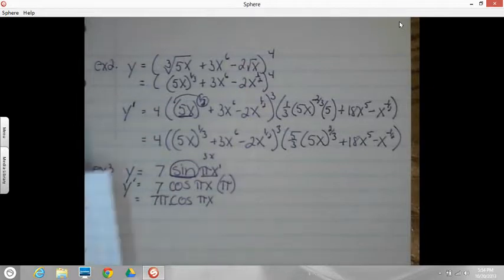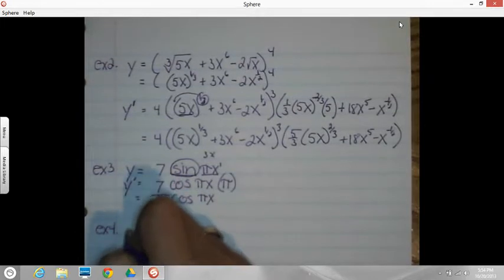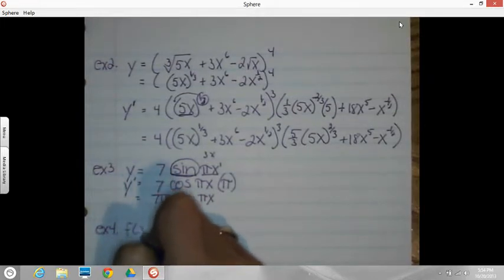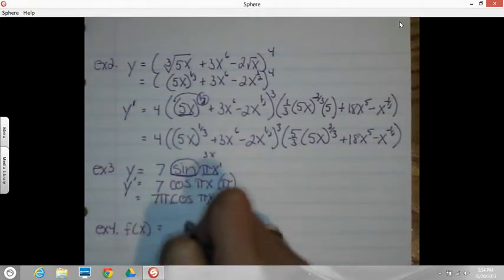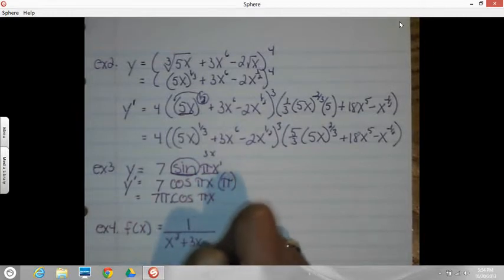Okay, these last few, you have to get them in the right form before you can start doing your chain rule. So we've got f of x equals 1 over x squared plus 3x minus 1.